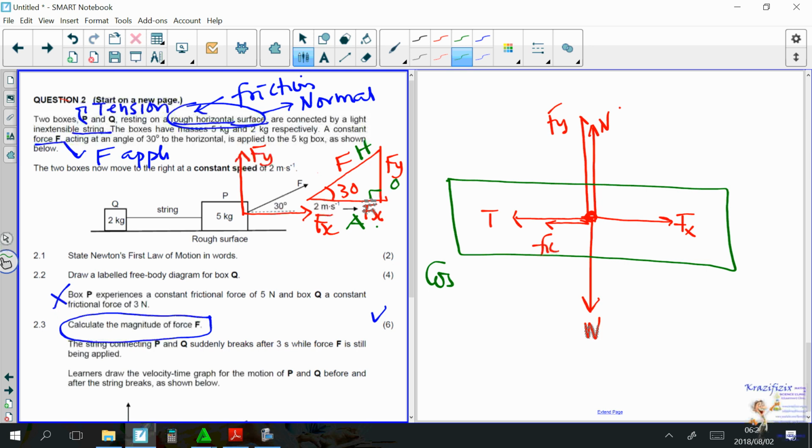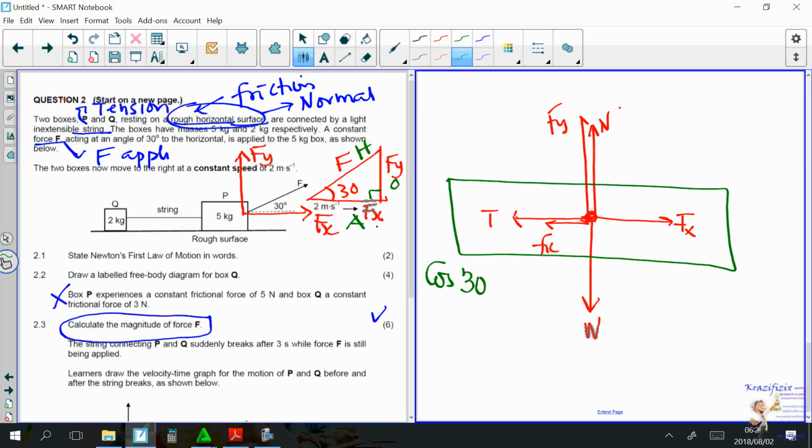So cos 30 is adjacent, which is Fx, over hypotenuse, which is F. I hope you got that. Cross multiplied, Fx now equals F cos 30. So this is my F cos 30. Again, it is moving to the right, so this is positive. These two are going to be negative.